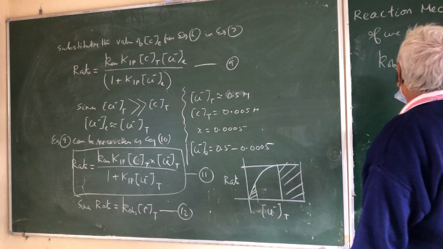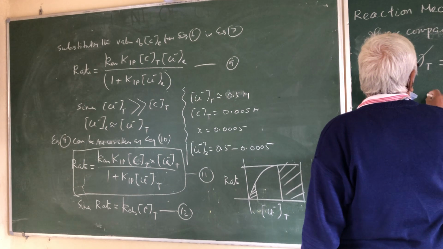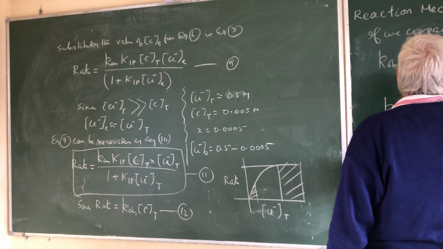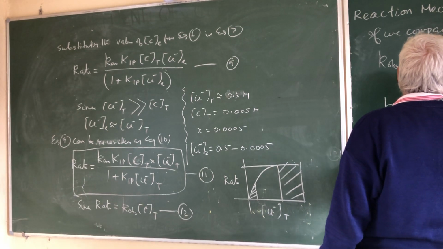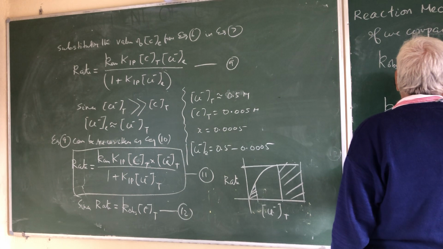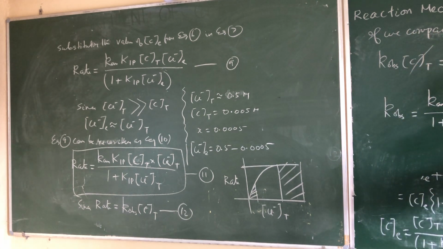K observed will be equal to K Anderson Ki into chloride total by 1 plus Ki into chloride total. This is equation 13.